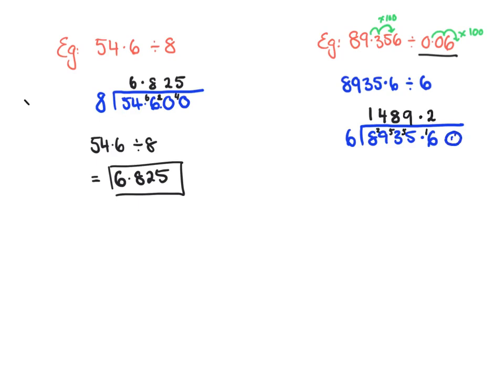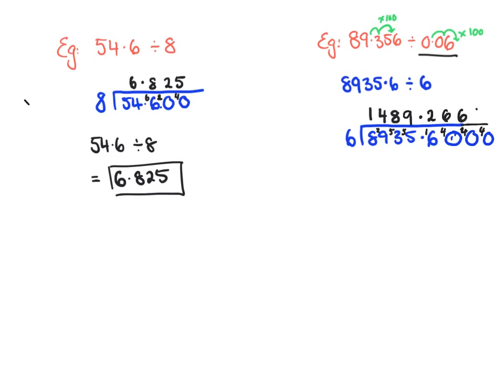So 2 times 6 is 12. So I've got 4 left over. So 6 into 40 goes 6 with 4 left over, and then obviously 6 into 40 goes 6, and we're just going to keep on getting that 4 left over.